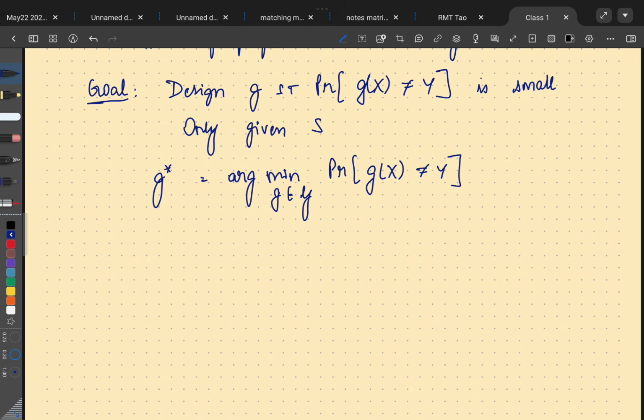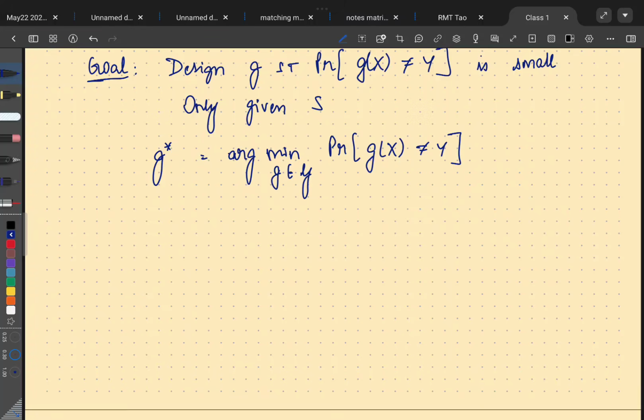Any questions? Great. So it turns out that for a given class of functions G, doing this may or may not be possible. It may or may not be possible to achieve G star or something close to G star all the time. So let's formalize this.